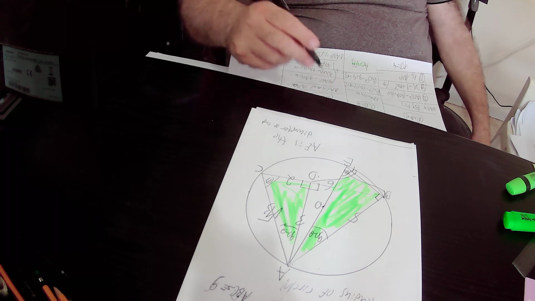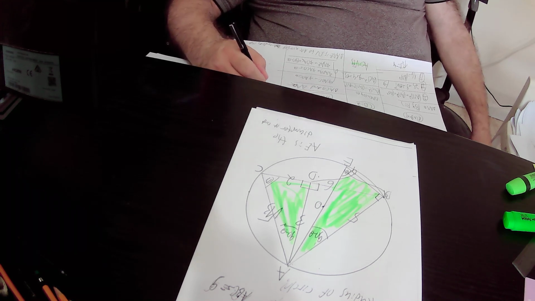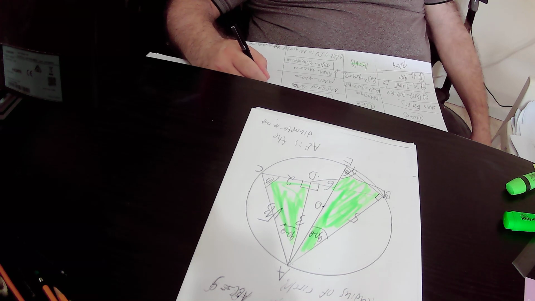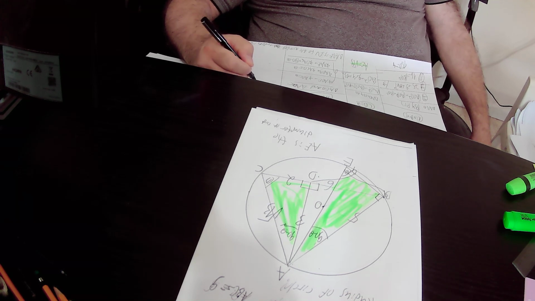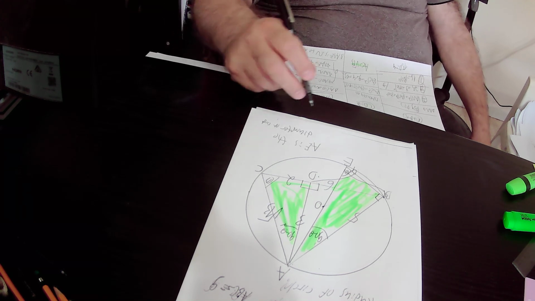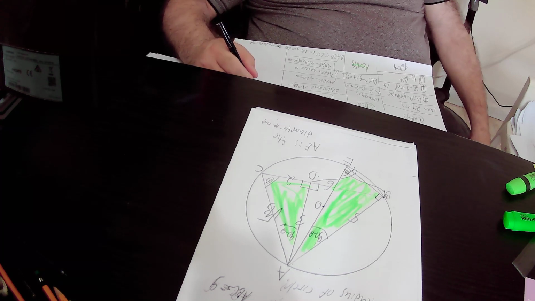Here AB is 5, AD is 3, AE is 2R, the diameter of the circle.